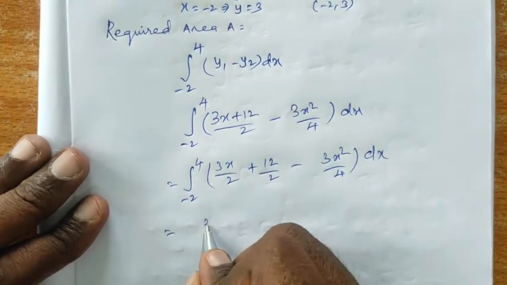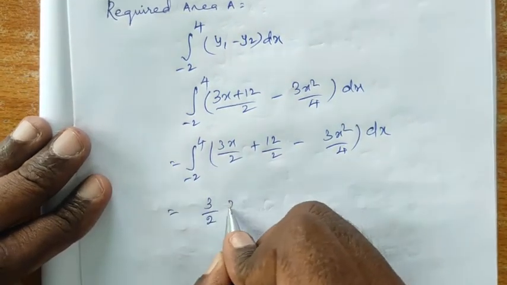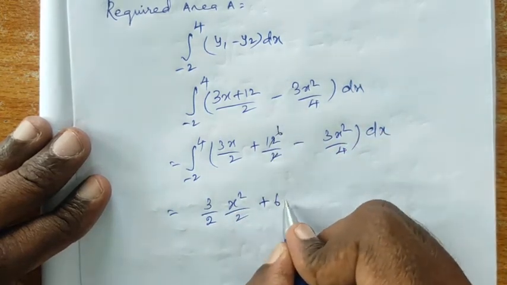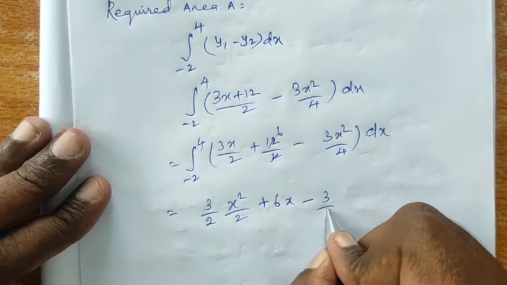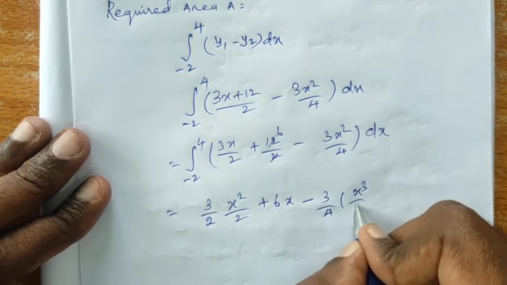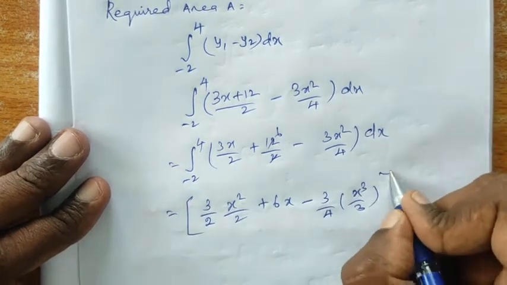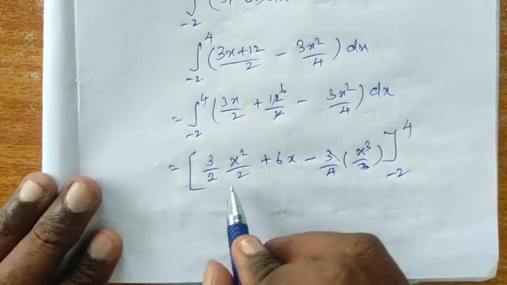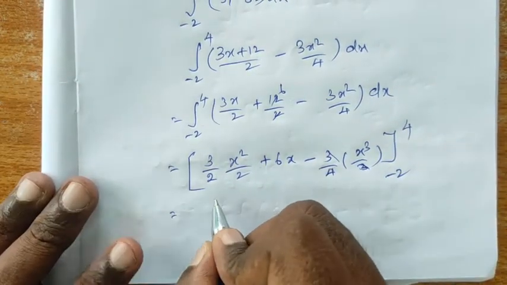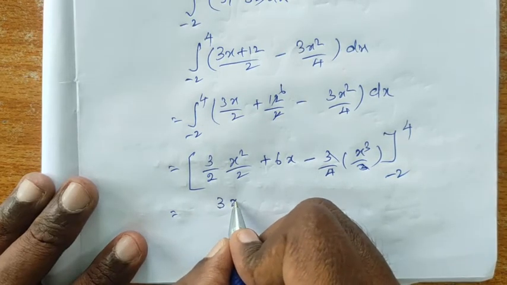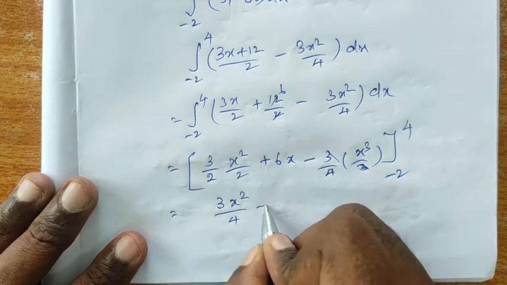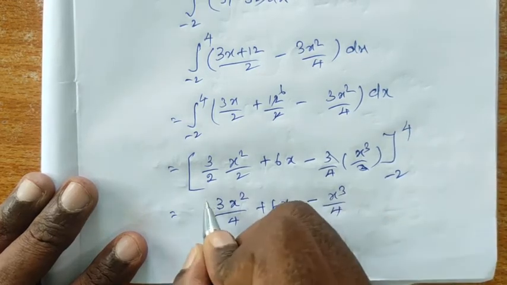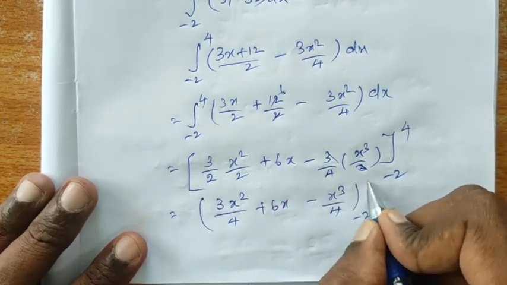Which is equal to 3 by 2 into integration x dx is x square by 2, 12 by 2 is 6, so 6x minus 3 by 4 into x cube by 3 over minus 2 to 4. 3 gets cancelled. So 3x square by 4 plus 6x minus x cube by 4 over minus 2 to 4.